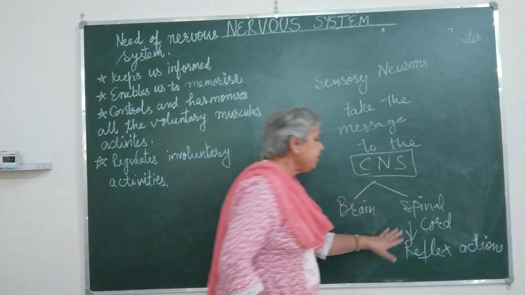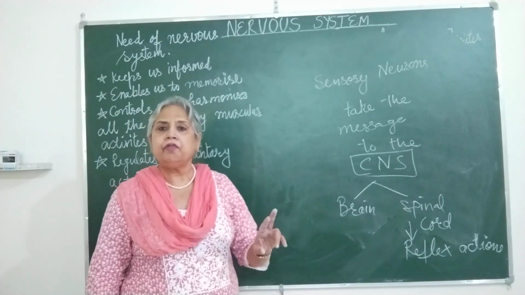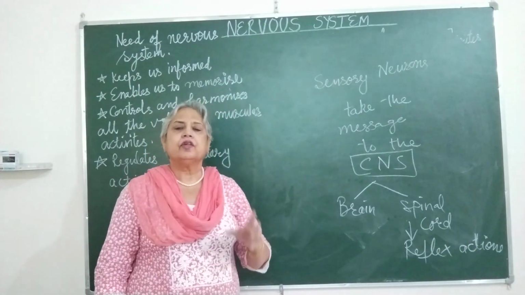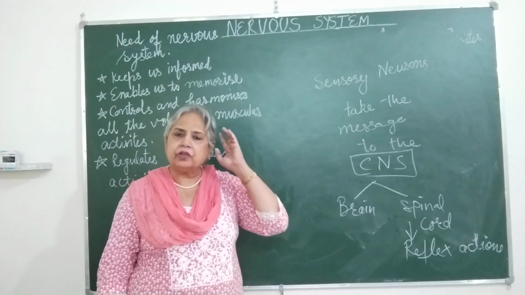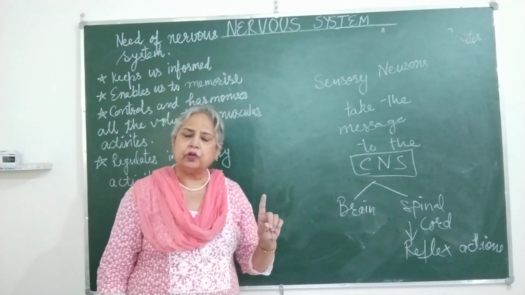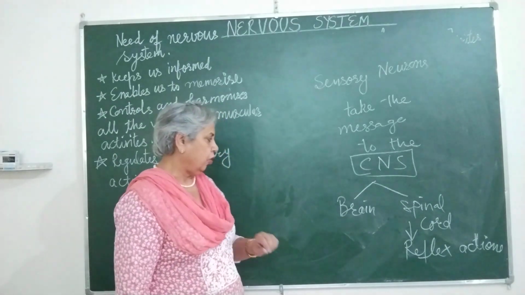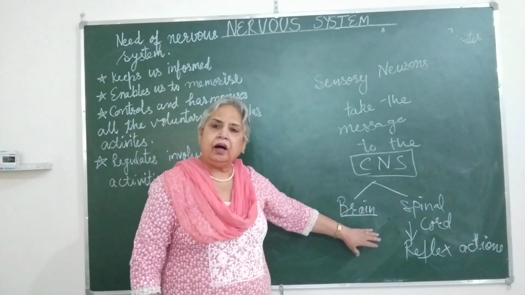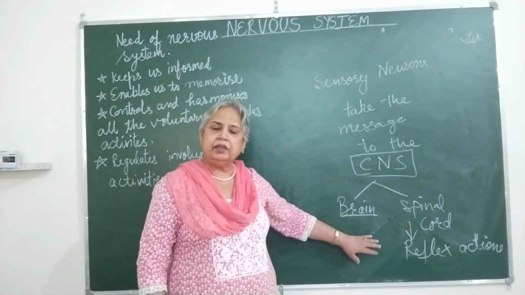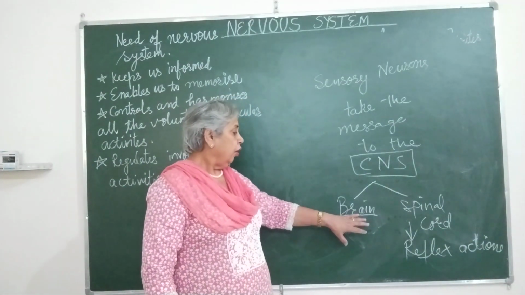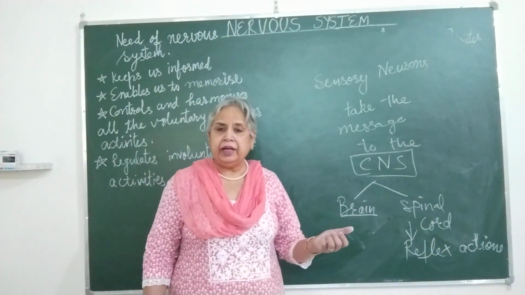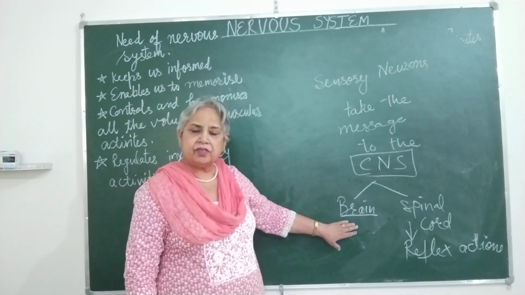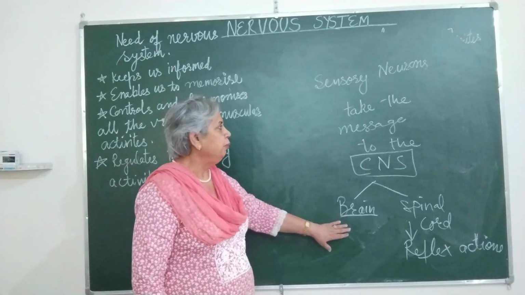Now, reflex actions are again of two types, spinal and cranial. Okay? So cranial reflex actions are controlled by brain and spinal are controlled by our spinal cord. Whereas the memory, the heartbeat, the salivation, okay, so the voluntary movements, they are controlled by various parts of our central nervous system which are there in the brain.